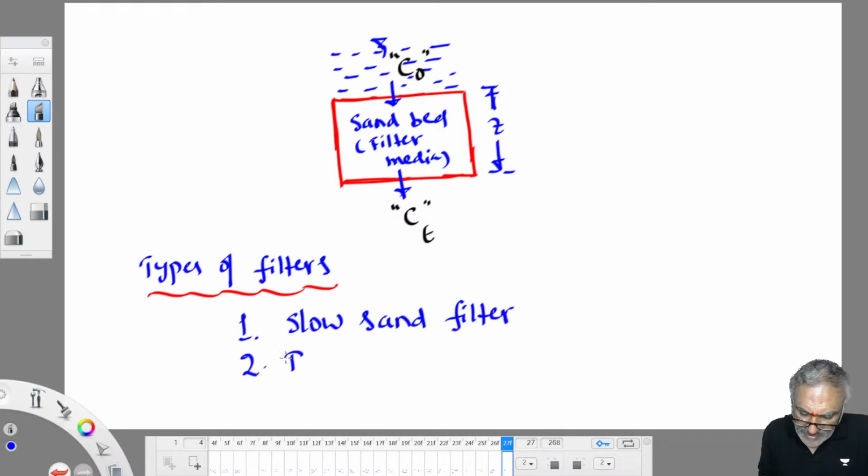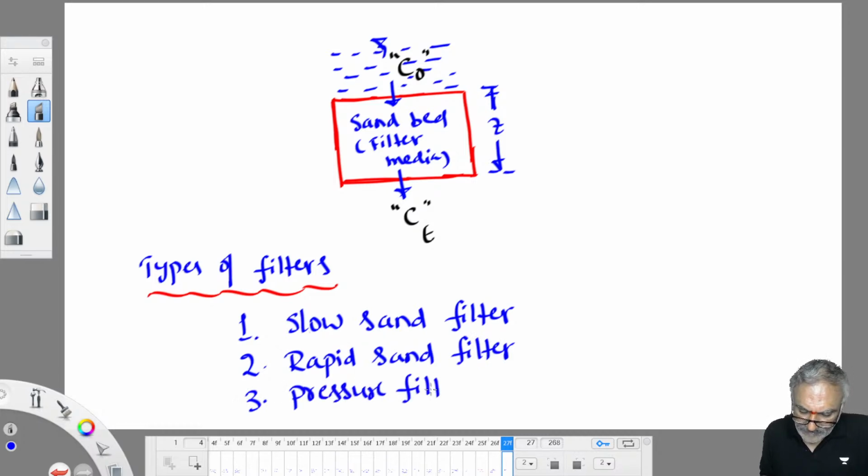And the second one is the rapid sand filter. These two are very important from the exam point of view. And the third one is the pressure filter. So these two are very popular. In bulk water treatment, the rapid sand filter and slow sand filter are very popular. You have to learn how to design them. Understood?